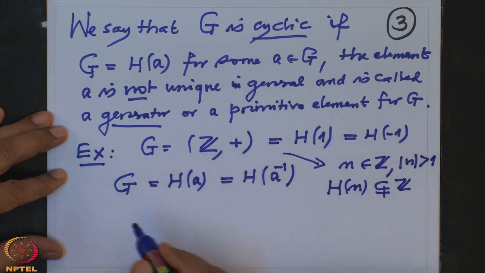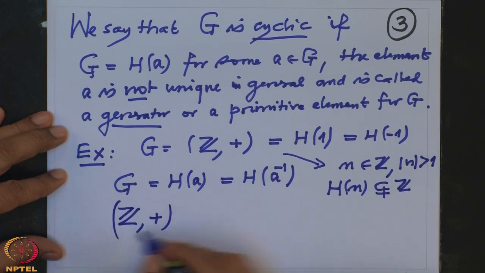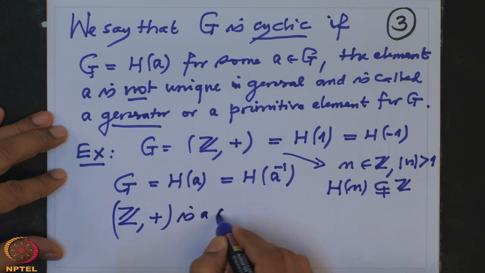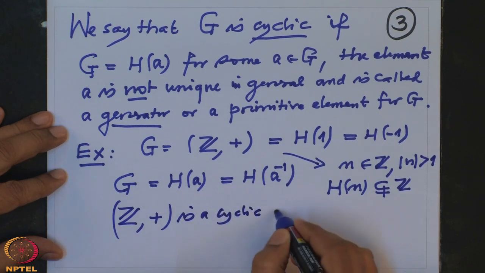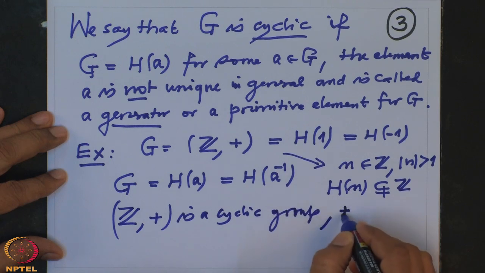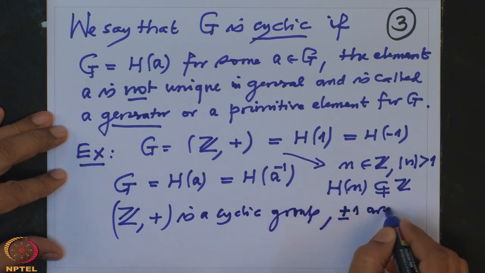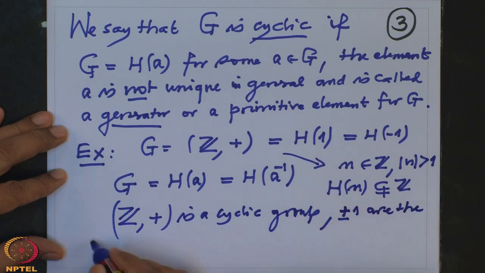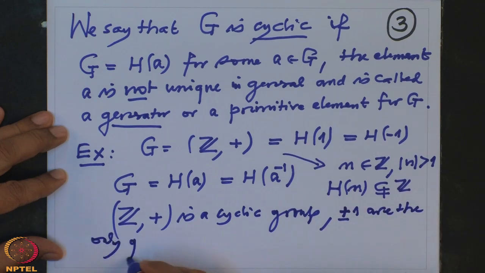So this Z plus is a cyclic group and 1 and minus 1 are the only generators for Z.